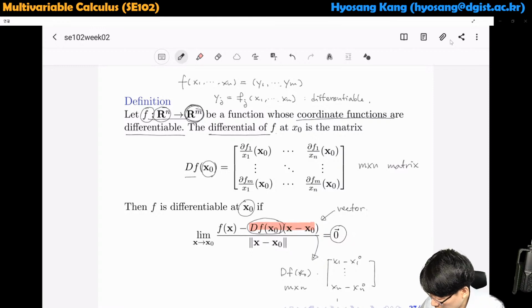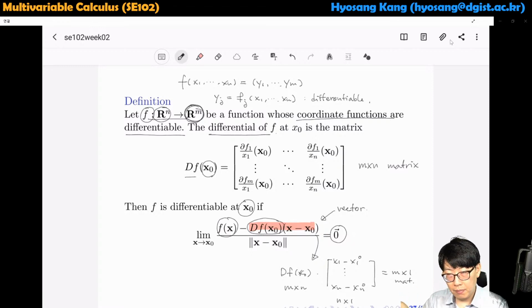So then this is an n times 1 matrix. So if you multiply these two matrices, then we get an m by 1 matrix. Alright, and we subtract this m by 1 matrix from the value of function f(x), which also consists of m-tuple numbers, which can be considered as an m by 1 matrix. So that's why we have a 0 vector on the right hand side.